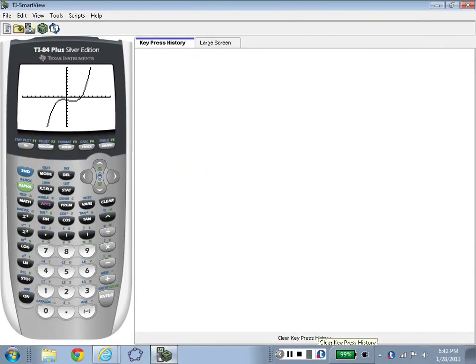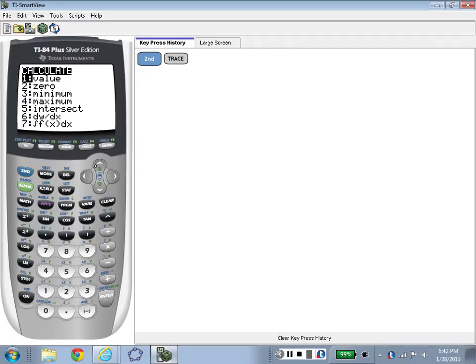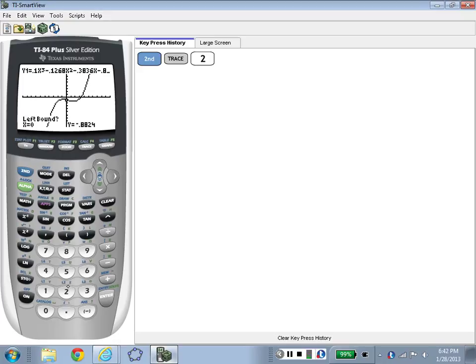So once you see the graph, it's second, calc, 2. And then I'm going to select, since I'm already to the left of the x-intercept, I'm going to press enter for the left bound.